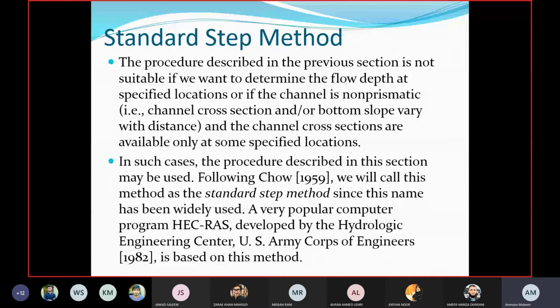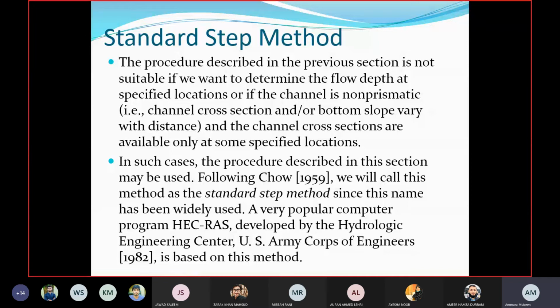The procedure described in the previous section is not suitable if we want to determine the flow depth at specified locations, or if the channel is non-prismatic, that is, the channel cross-section and bottom slope vary with distance, and the cross-sections are available only at some specified locations.